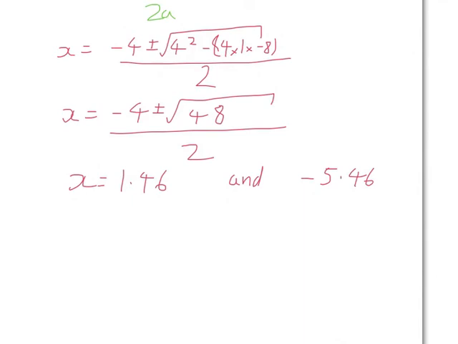So our range of values for where f(x) is a decreasing function is between minus 5.46 and 1.46. So to find out whether a function is increasing or decreasing, you first need to differentiate your given function.